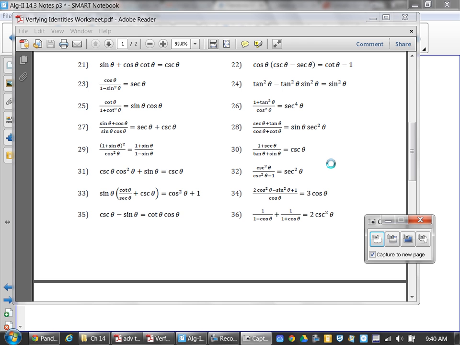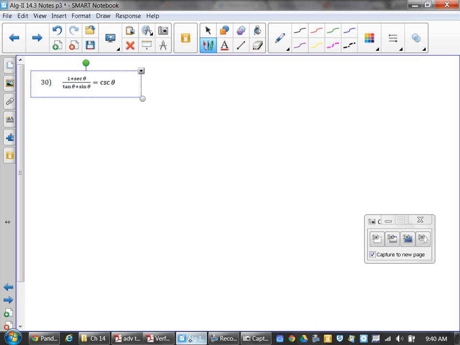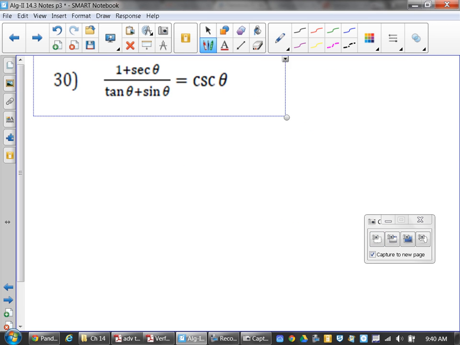What happens in 30 is that you've got setups that don't have a Pythagorean identity, and multiplying stuff out just looks like it would be awful to create squares and stuff. So try to do a complex fraction with sines and cosines.